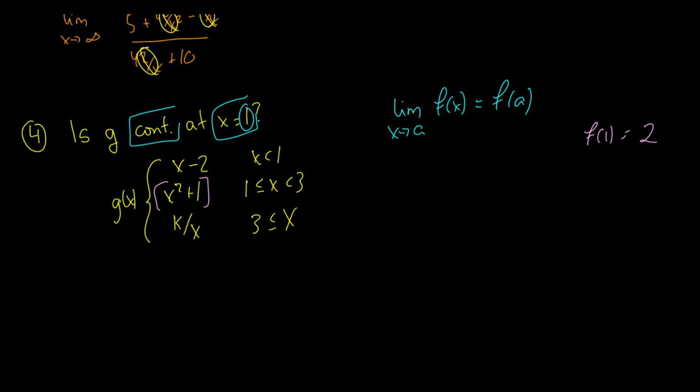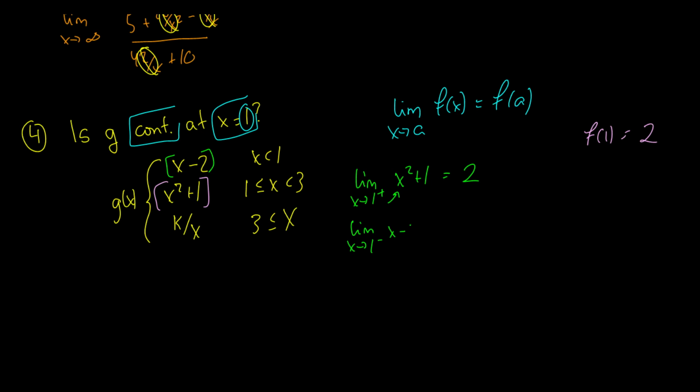Now let's take the limit as x approaches 1 from the right. Well, when x approaches 1 from the right, we use this function x squared plus 1. So this is going to equal 2, because we plug 1 into x squared plus 1 and we get 2. That's good. Our right limit is good so far. Now let's take the limit as x approaches 1 from the left, and because x is going to be less than 1, we're going to use x minus 2.